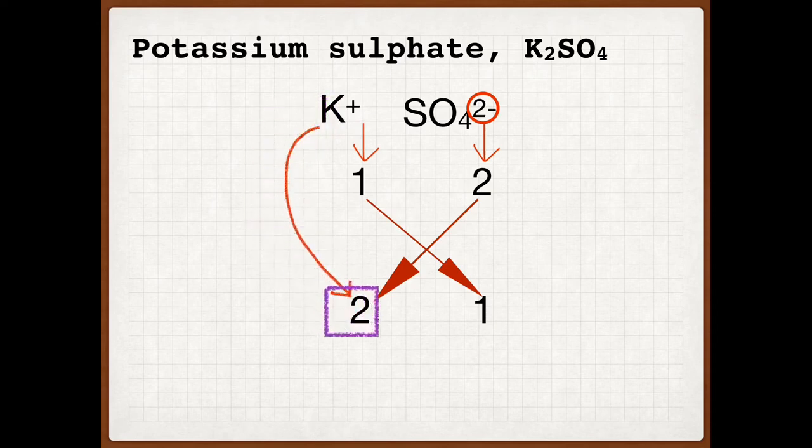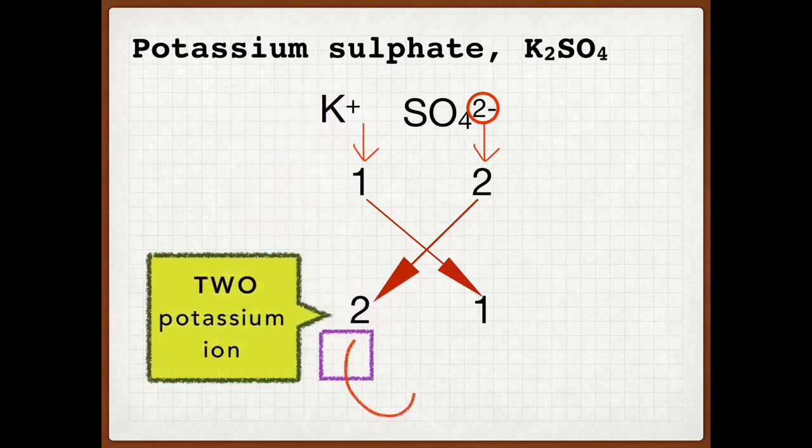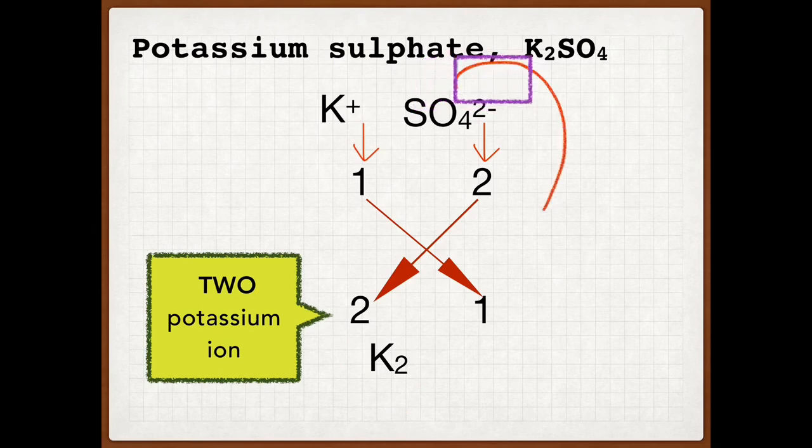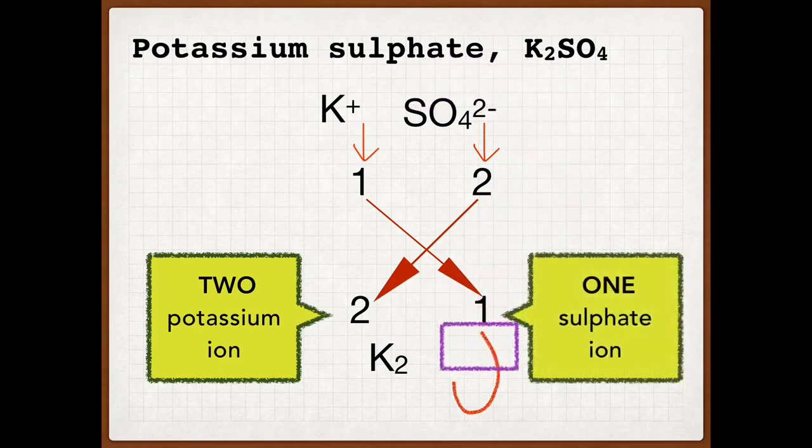It is 2 potassium ion involved. How about sulfate ion? 1 sulfate ion involved. So the formula of potassium sulfate is K2SO4.